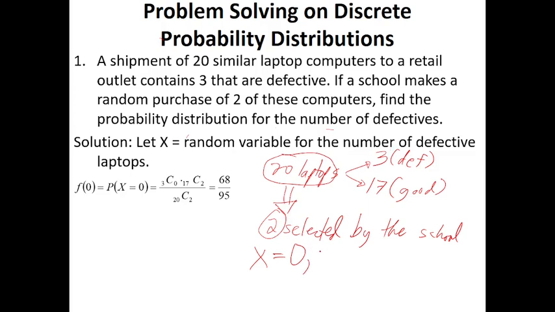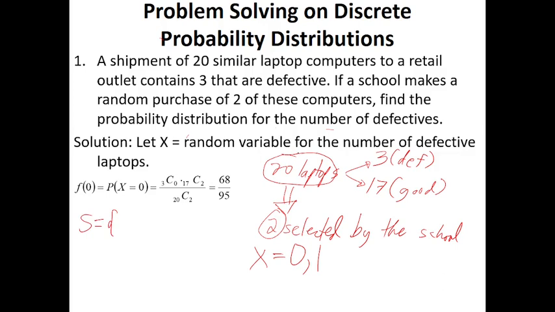Another possibility, magkaroon ng isang defective na laptop, kasi 3 yung defective. So posible na isa doon ay defective, isa ay hindi. So number of defective laptops is 1. In other words, ito yung ating sample space.